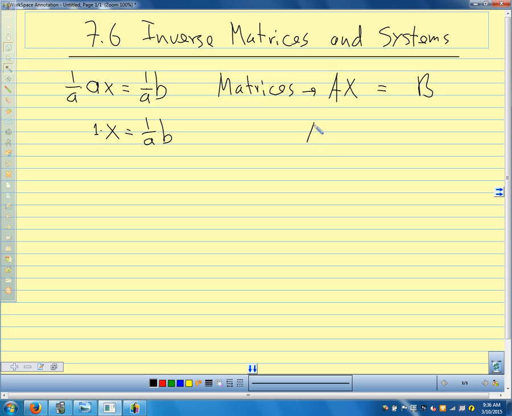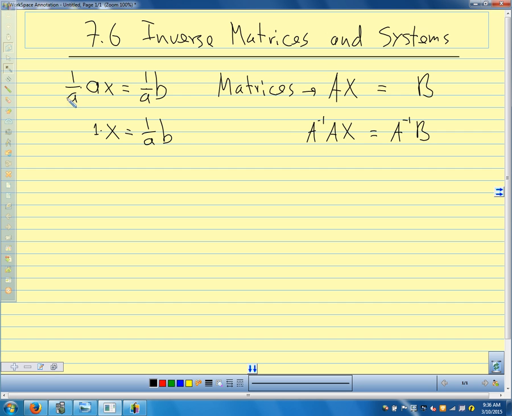We're going to multiply by the inverse of the matrix. We don't really have a procedure for dividing by matrices, so we're going to multiply by the inverse. So same thing we're doing here, we're doing the inverse operation here.